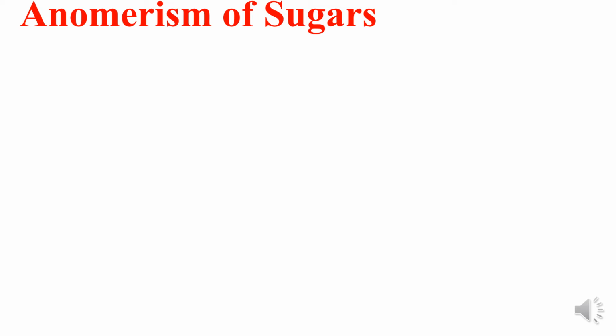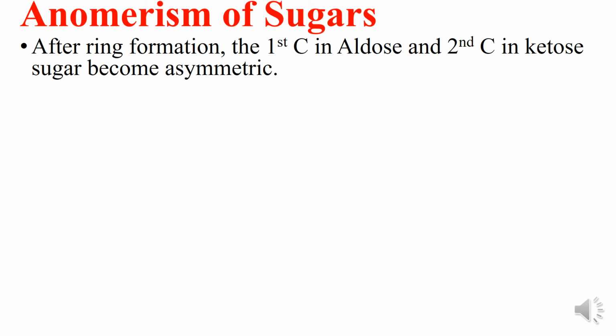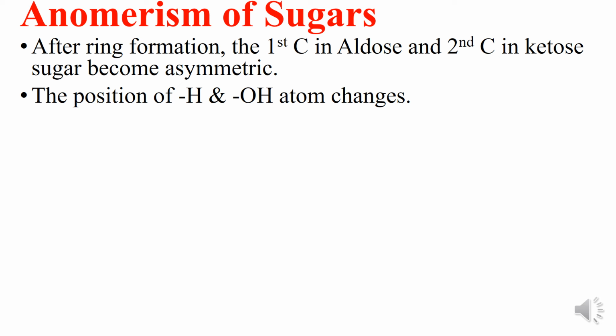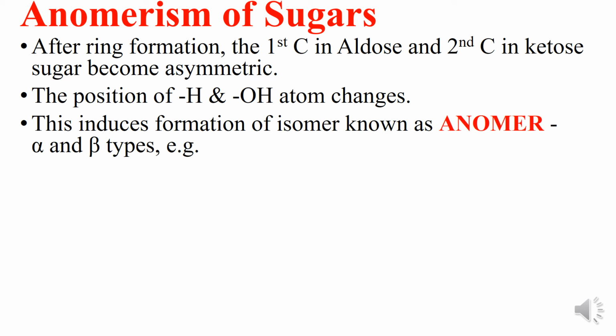Anomerism of sugars. After the ring formation, the first carbon in aldose and the second carbon in ketose sugar becomes asymmetric. The position of hydrogen and hydroxyl atom present on these carbons changes. This induces formation of isomers known as anomers.